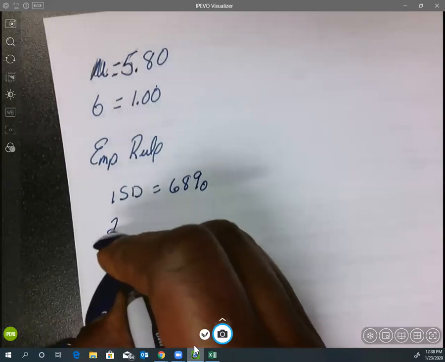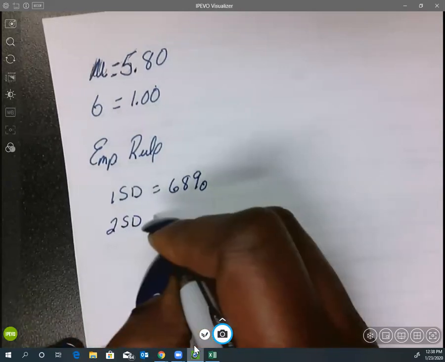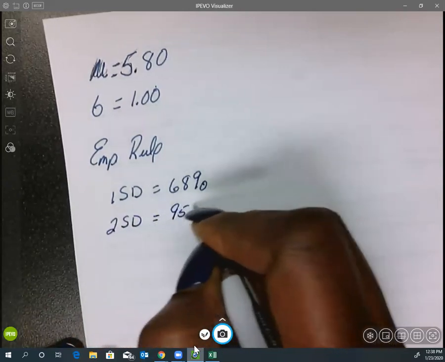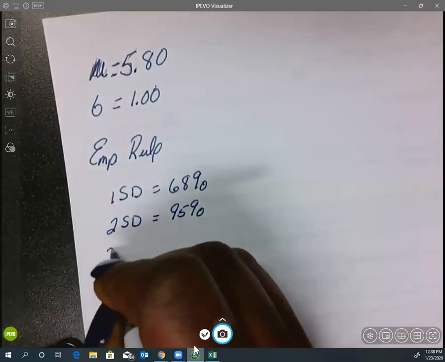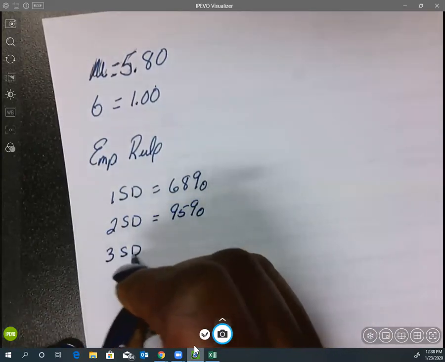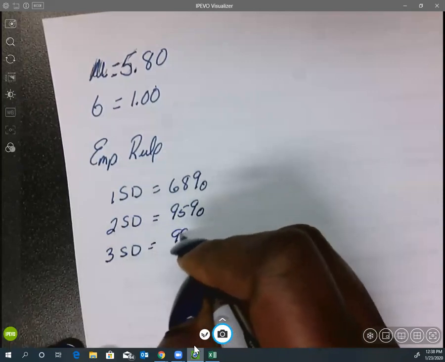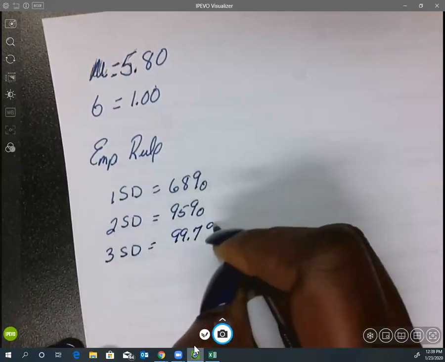We know 2 standard deviations is 95%. And we know that 3 standard deviations is 99.7%.